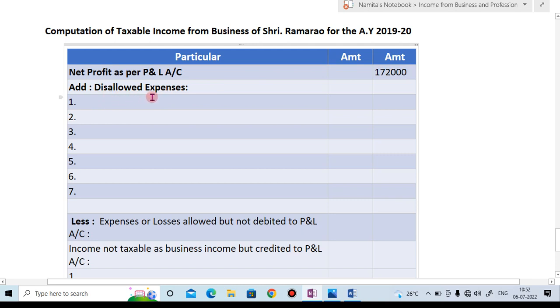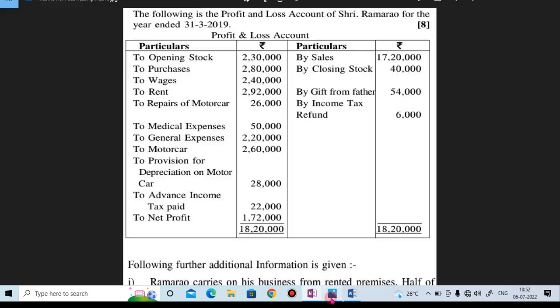Now after this we have to add disallowed expenses. What are disallowed expenses? Expenses which are not related to the business are called disallowed expenses. We have to identify the disallowed expenses from the debit side of the profit and loss account. So first is opening stock, 2,30,000.